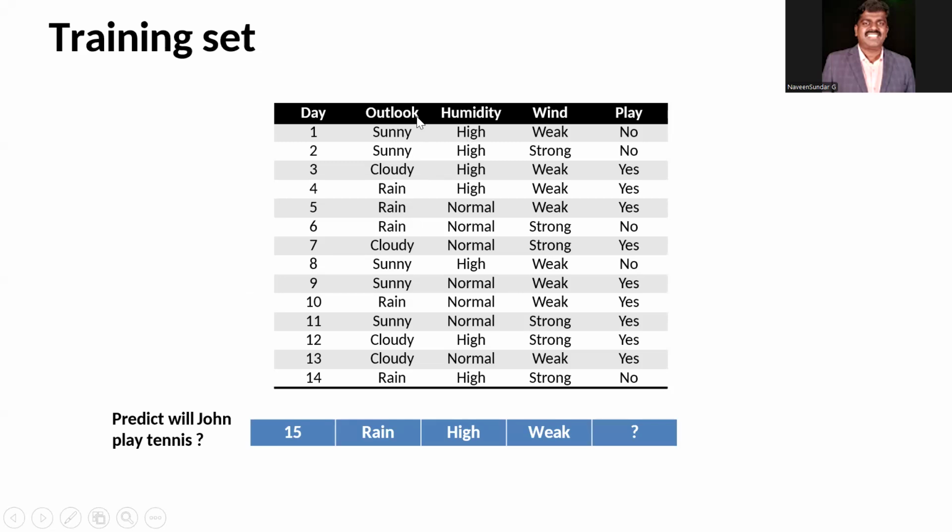And then depending upon the outlook, humidity and wind, we can say whether the game is played or not. Got it? So that is how we are doing it, and then we are going to predict: will John play tennis on day 15 based upon these already available samples? In the sample data set, we give one outlook, and then humidity that is high, and wind that is weak.